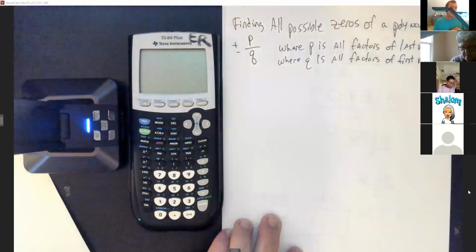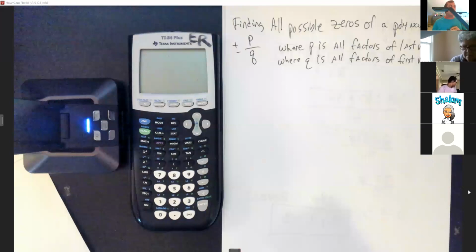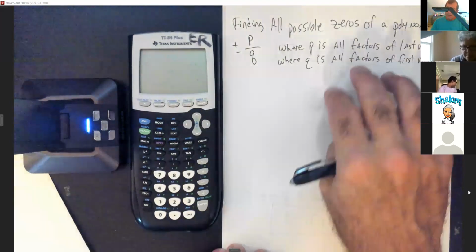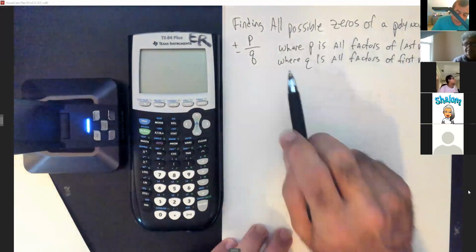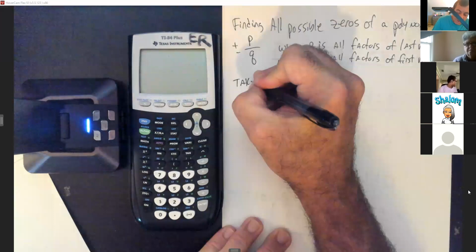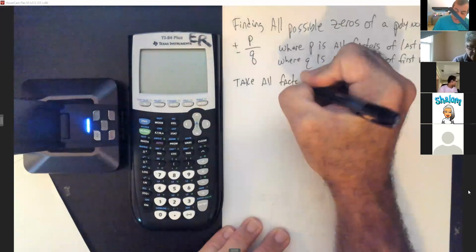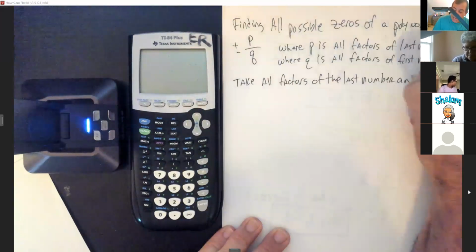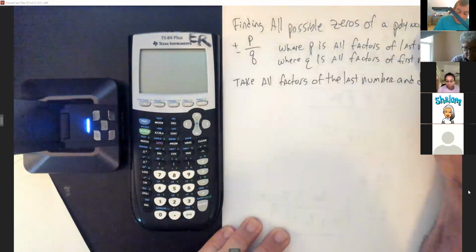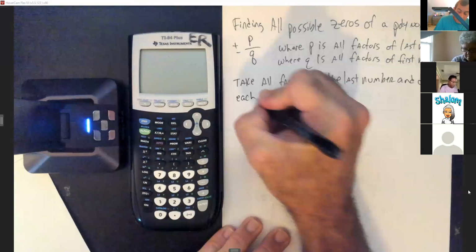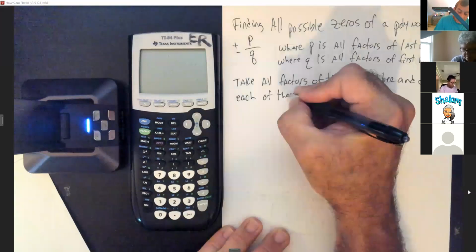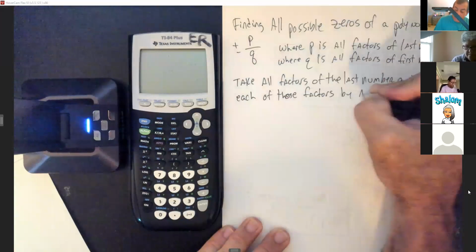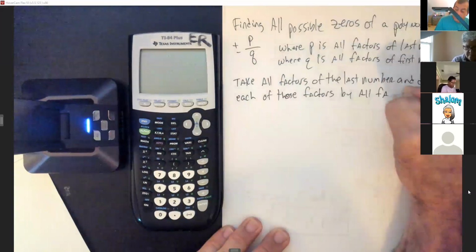So this is what I was talking about earlier when I was doing the zeros on the very first few problems, and I said, well, 7 wasn't a factor of that last number, so it wouldn't be a zero. This is what that's going to. So basically, we're going to take all factors of the last numbers and divide each of those factors by all factors of the first number.